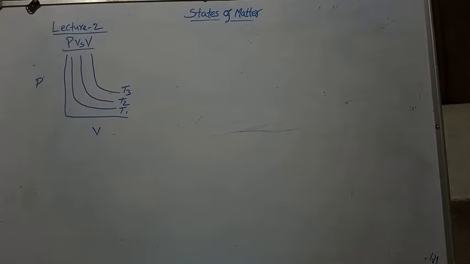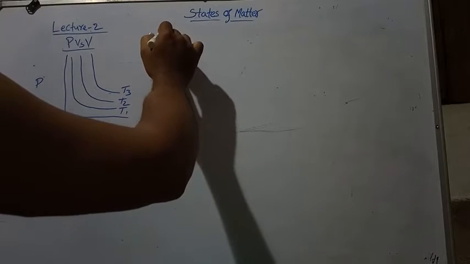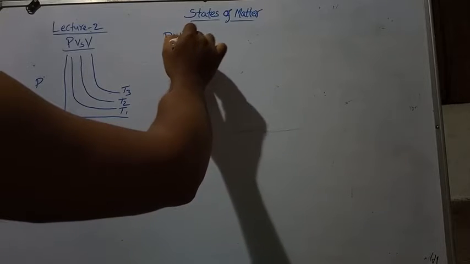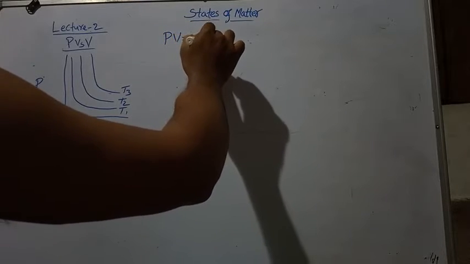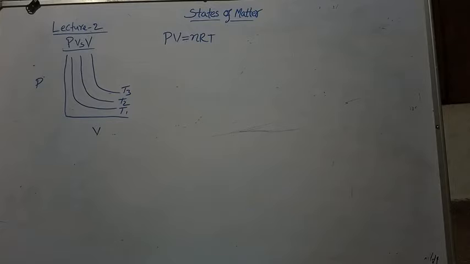To solve this type of question, first remember the ideal gas equation, PV = nRT. Later we will discuss how PV = nRT came.